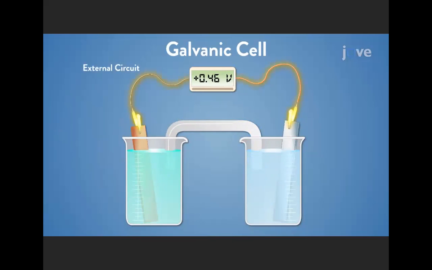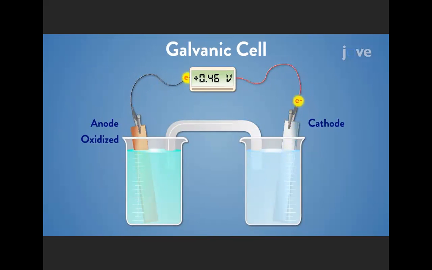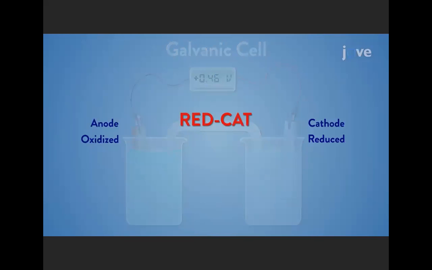The electrodes are connected by an external circuit, which the electrons travel through during the reaction. The anode is the electrode that gives up electrons in the reaction or is oxidized. The cathode is the electrode that gains electrons and is reduced. To help you distinguish between these two labels, remember the phrase red cat, since reduction occurs at the cathode.